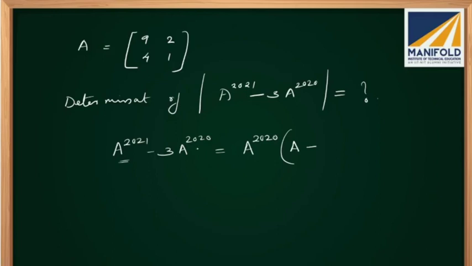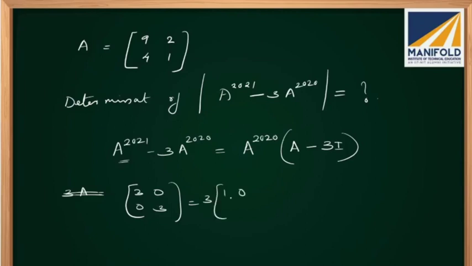If you are taking a matrix with a scaled value, that is nothing but 3 times I. If you have 3, 0, 0, 3, that is nothing but 3 times I. Similarly, 3 times A to the power 2020 means if I am taking A to the power 2020 outside, what is left out is 3 times I.